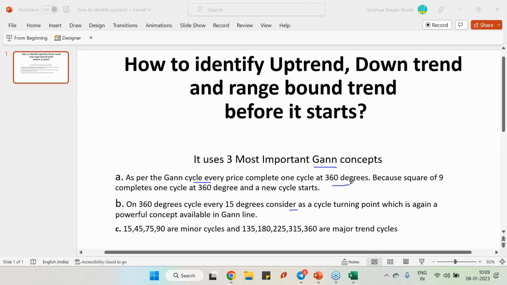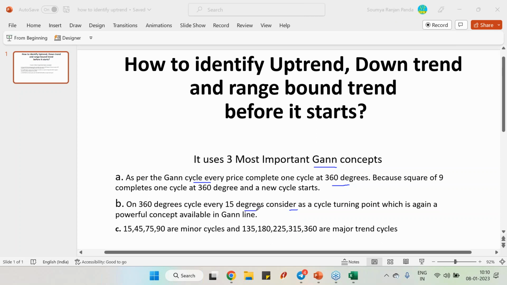Two players, one defending the goal and another trying to score a goal. That is known as squaring. I am giving this small example so that you can understand these terms. So this is Gann's cycle.